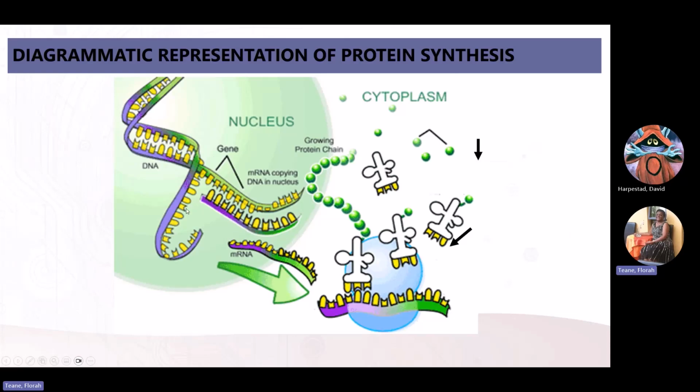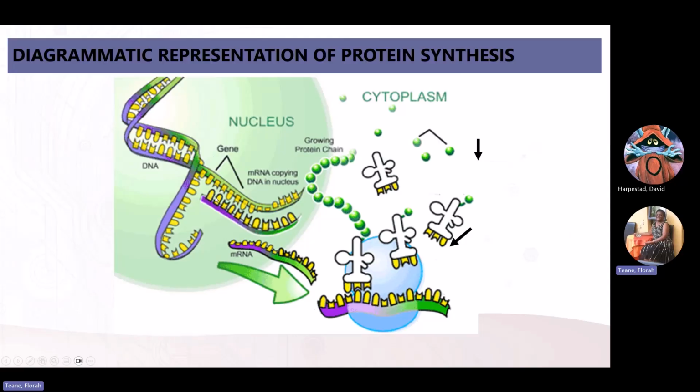It will unwind, the two strands will be separated. One strand will be used as a template to form messenger RNA. This process is called transcription because the message now is being copied. The coded message from DNA is being transcribed through the formation of the messenger RNA.